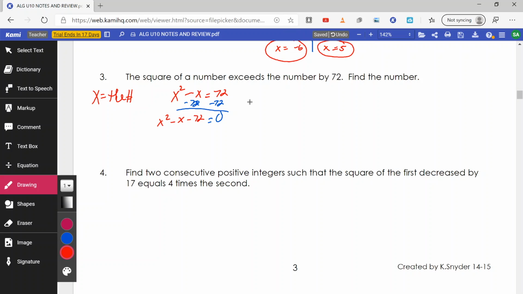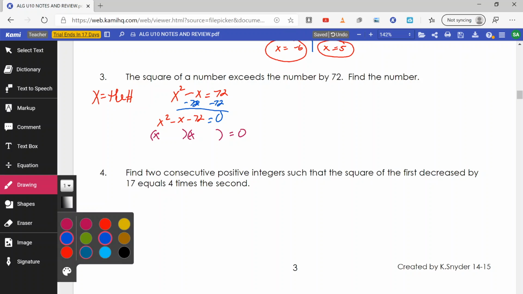Now what I can do is I can try to factor this. So again, once I factor it, I know I get two sets of parentheses equaling 0. The first guy in each one has to multiply to x, so the only way I get that is x times x. Now I got to come up with two numbers, and again, the two numbers will multiply to negative 72 and add to negative 1. So what multiplies to 72?